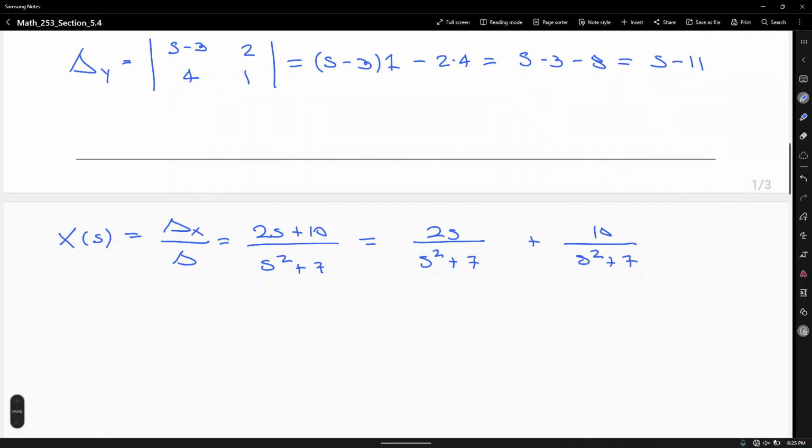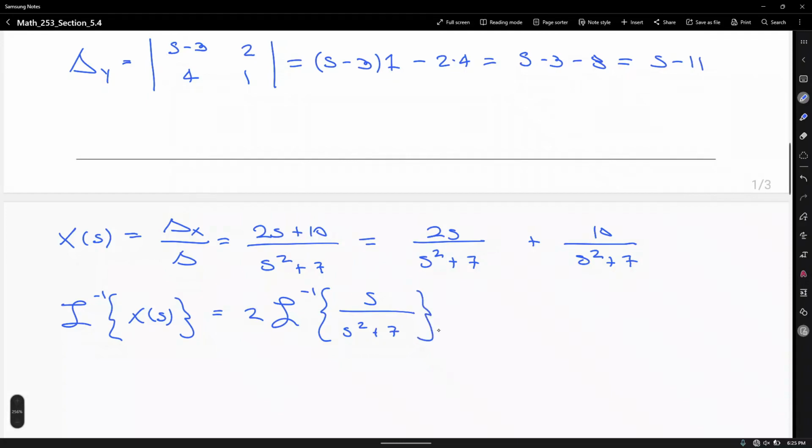Okay, guys, how do we get this? It is a function of s still. We need to retrieve the function of t. What do we do? Inverse Laplace transform. So the inverse Laplace of x of s equals 2 times the inverse Laplace transform of s over s squared plus 7, plus 10 times the inverse Laplace transform of 1 over s squared plus 7.